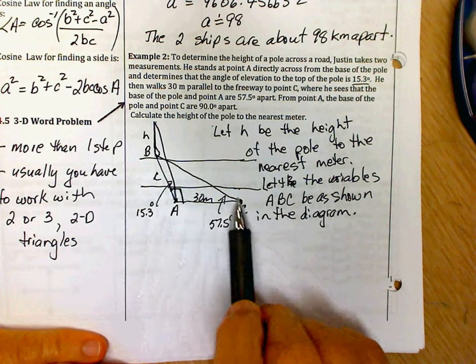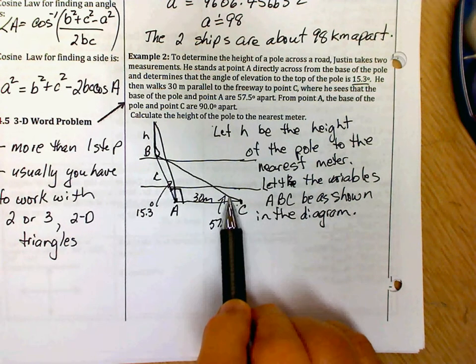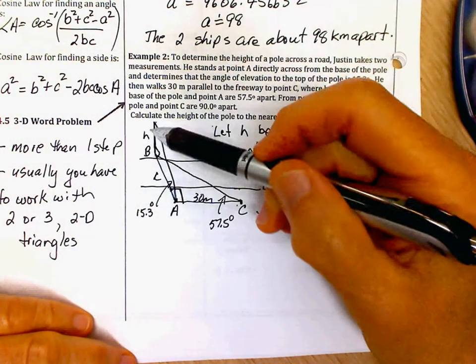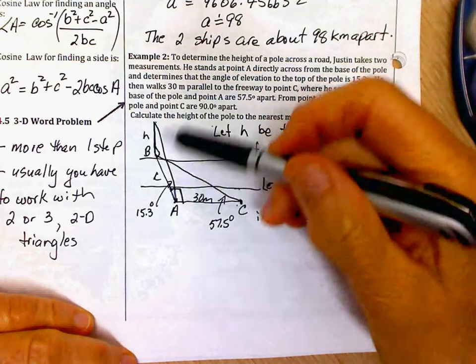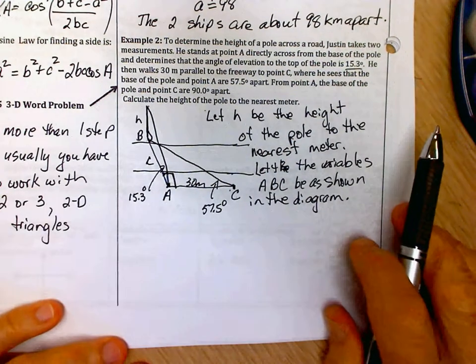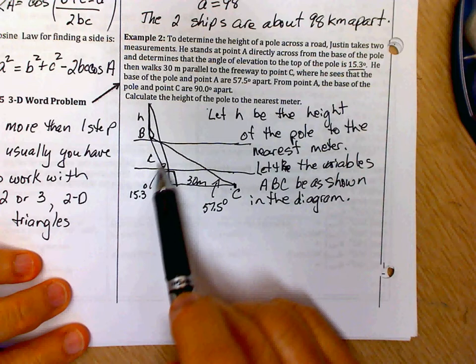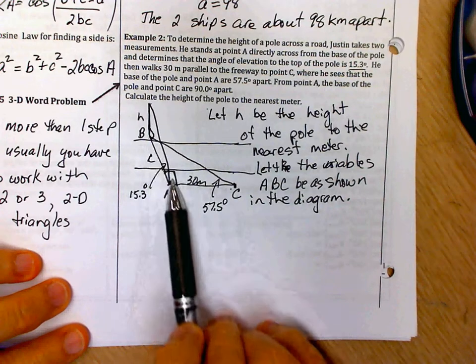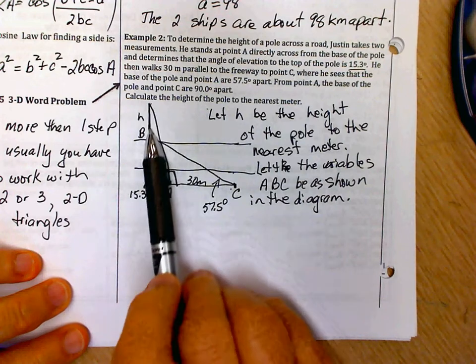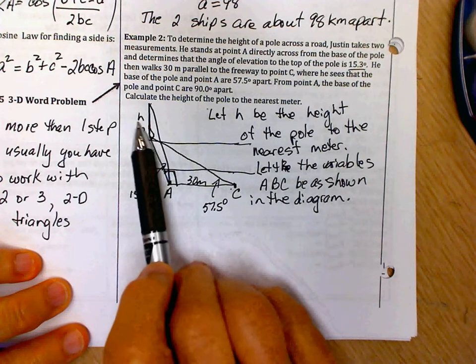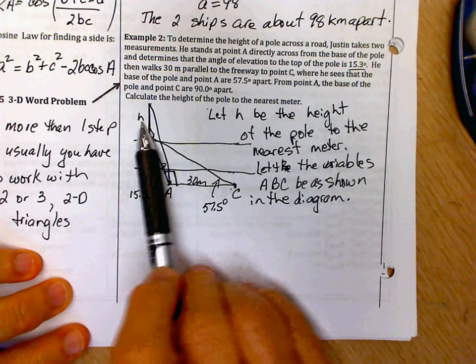We're going to find this side, then we'll solve this two-dimensional triangle, and these two triangles together make a three-dimensional problem. So we just do a step at a time, a two-dimensional triangle, we work with that, and then we use that information to find what we're looking for on another two-dimensional triangle.